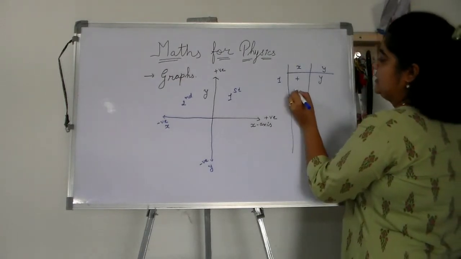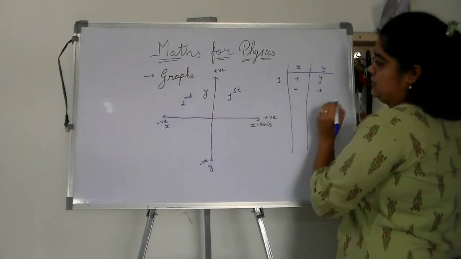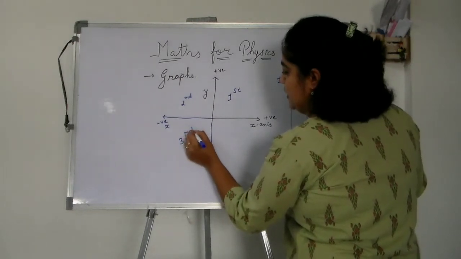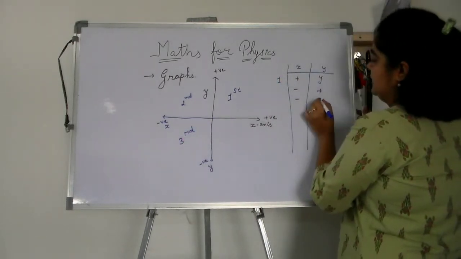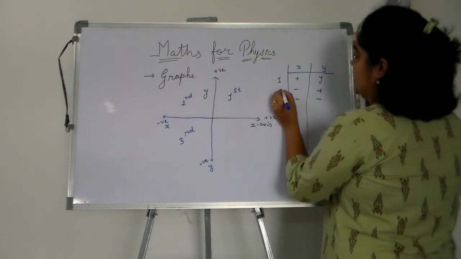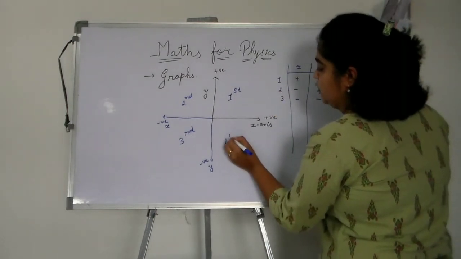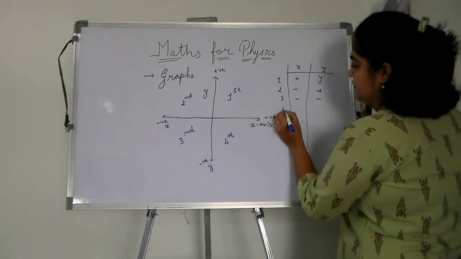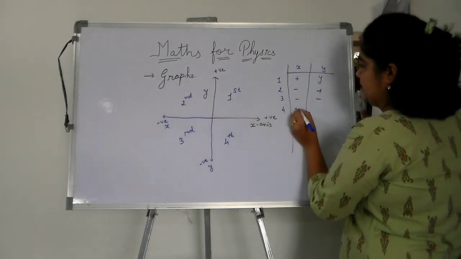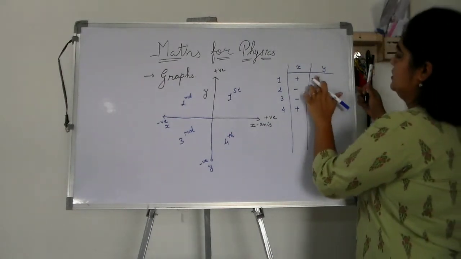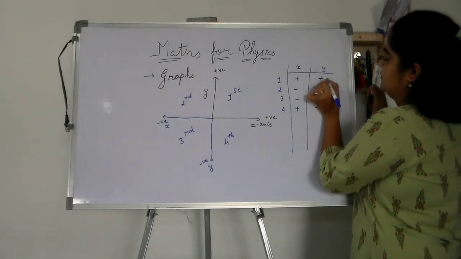We have x is negative, y is positive. In the third quadrant, we have negative x, negative y. Okay, this is second quadrant, this is third quadrant. And in the fourth quadrant, we have positive x and negative y. Okay, I made a mistake, this is positive.